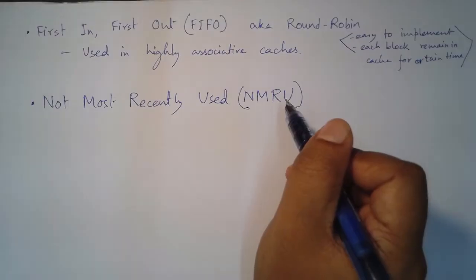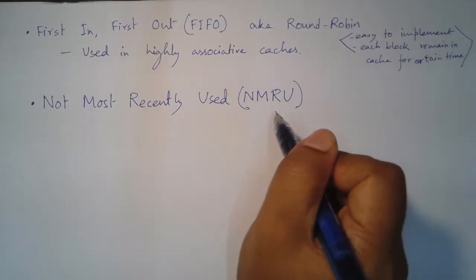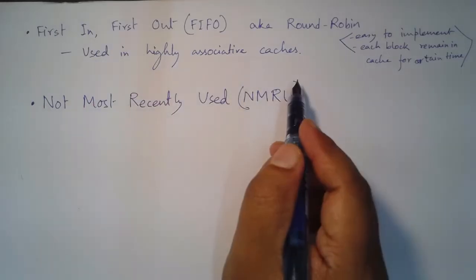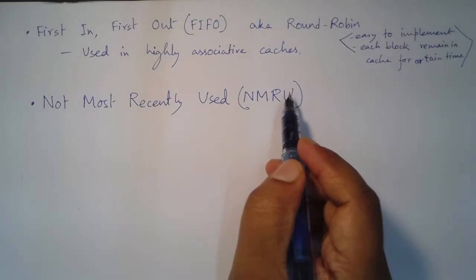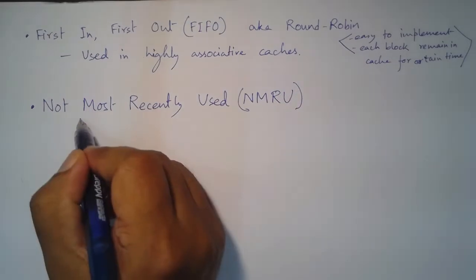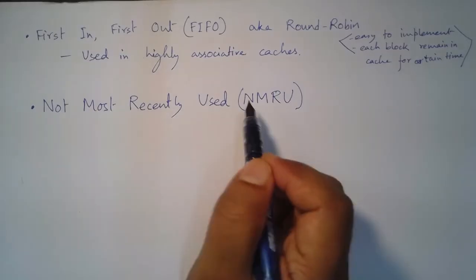Okay, or it can be random, it can be even FIFO. Basically you can apply the first in first out strategy, but the first in first out strategy will not apply if this block, the one which is now supposed to be replaced, is the most recently used.